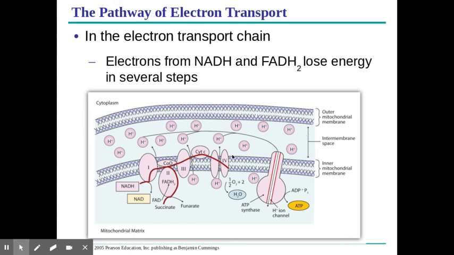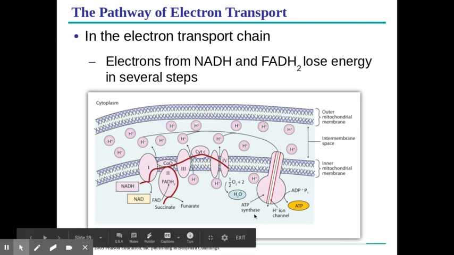In other words, it's creating a concentration gradient. And that has a lot of energy in it. So you can see all these hydrogen ions up in here. Those want to diffuse down their concentration gradient. So we have a huge high concentration, right? High to low.